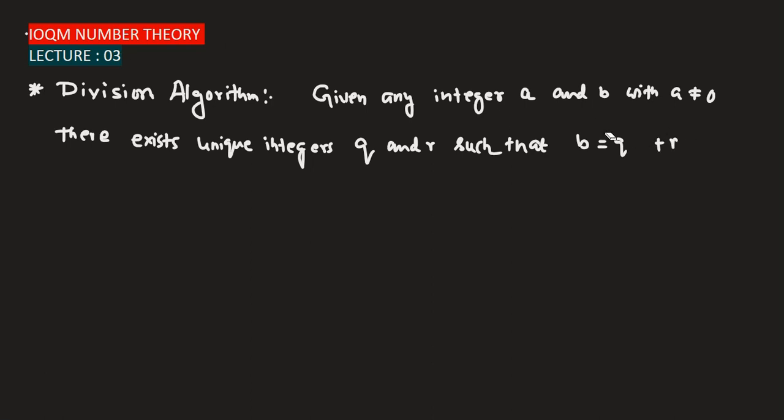So there exist two unique integers q and r such that b is equal to a times q plus r, where 0 is less than or equal to r less than mod of a.